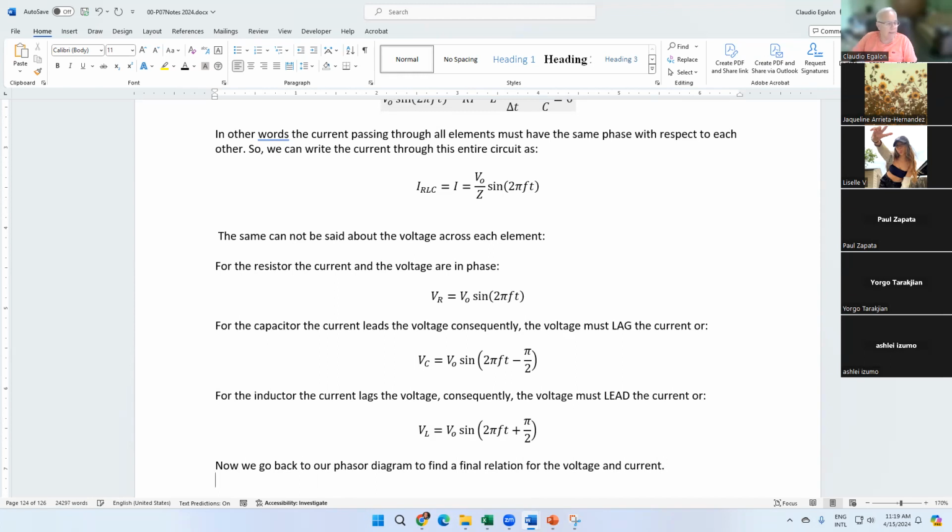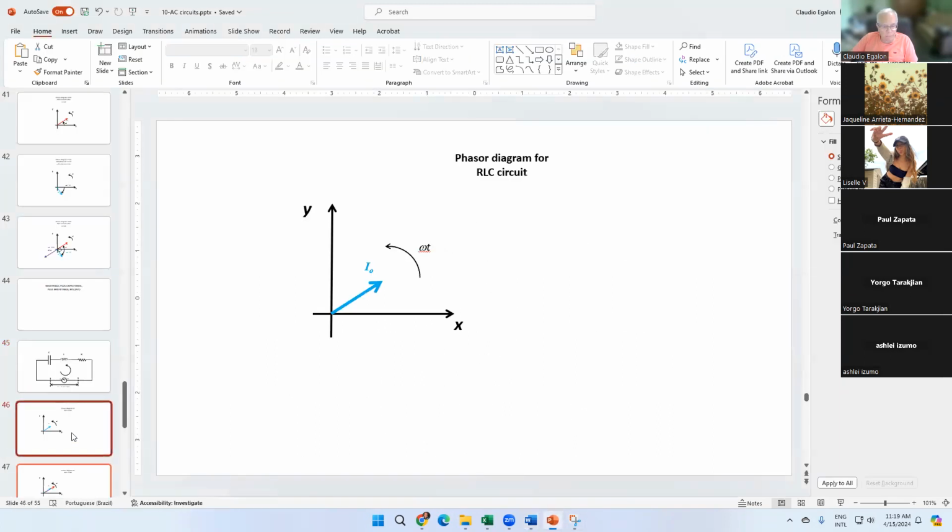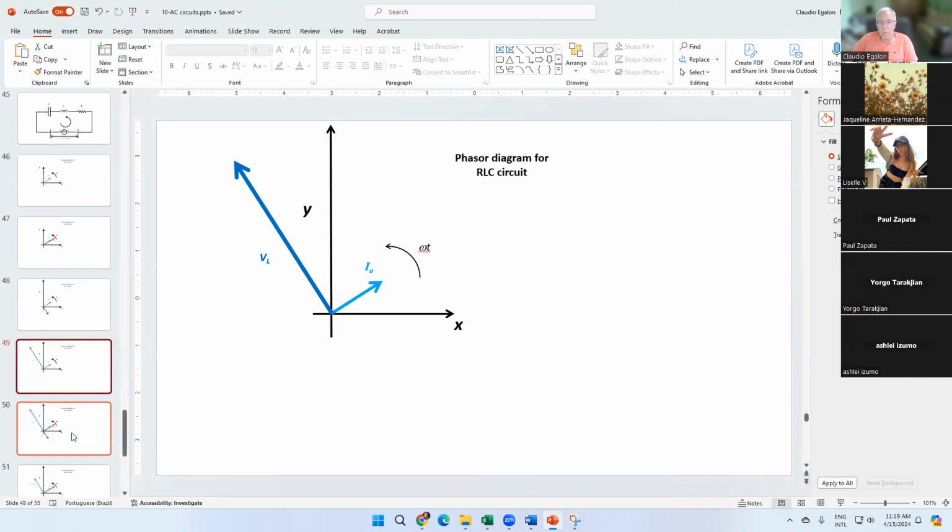Okay, how do we do that? There's a very nice way of doing that. Here you go. We are going to come up with a phasor diagram for the RLC circuit. Okay? So here you go.